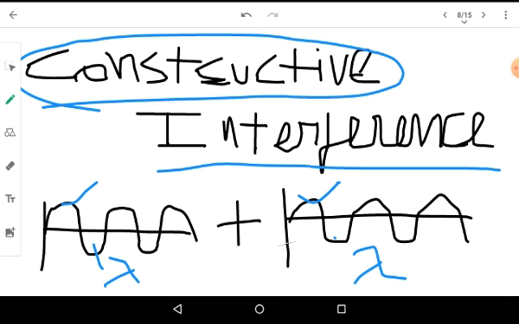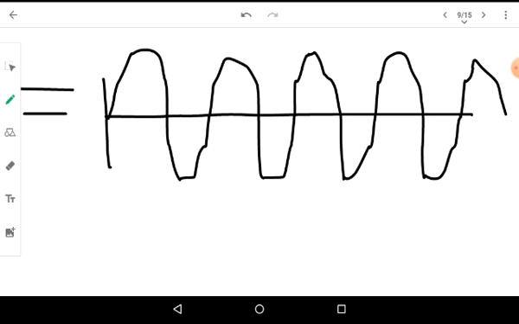Amplitude might not be the same, but we take it as the same, because in constructive interference we just talk about that. Constructive means you double the thing.